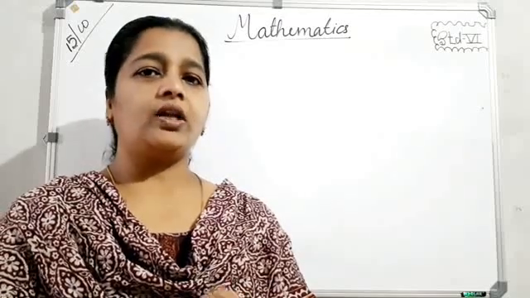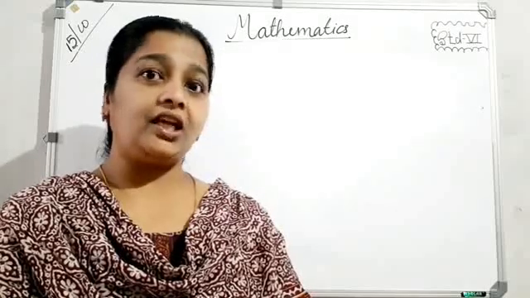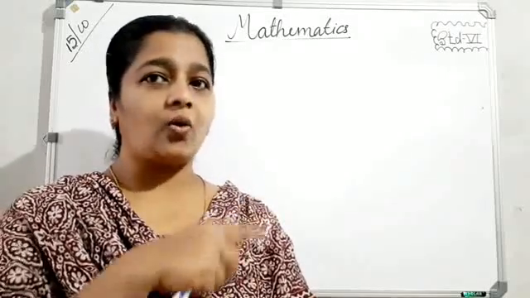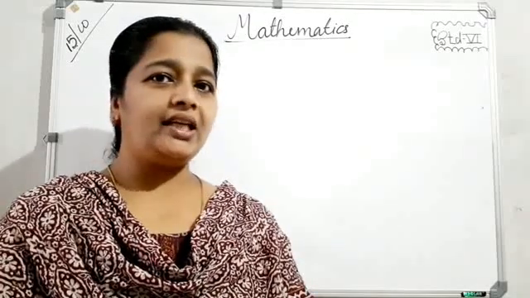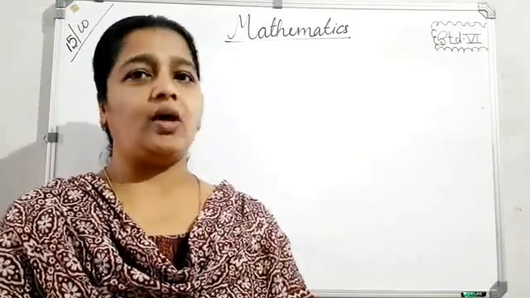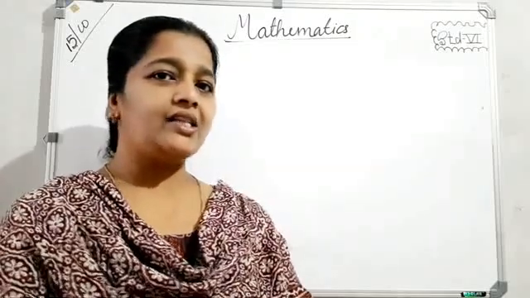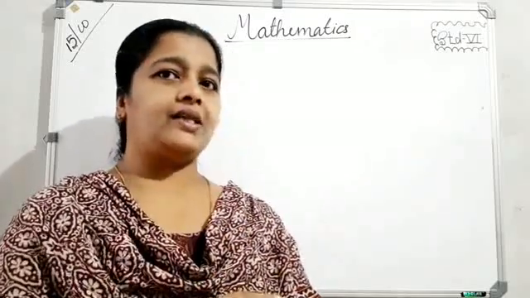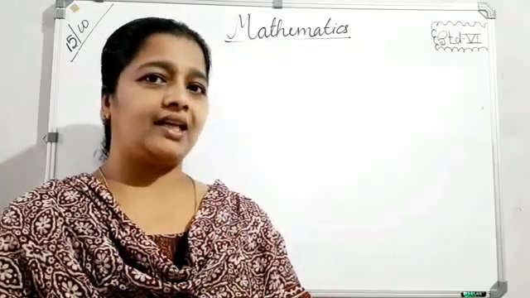So according to Arya's decision, they divide and each one will get equal parts. So the whole sandwich is divided into how many equal parts? 3 equal parts. So each one will get 1 part, isn't it? 1 by 3. Clear? Yes.